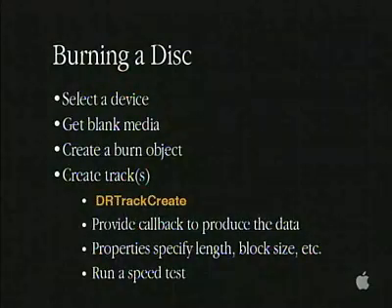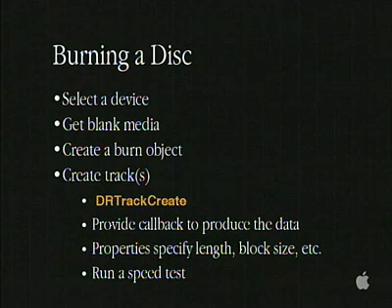So here we're going to actually call DRTrackCreate in C and provide the callback to produce the data. And it's just a callback function, and we'll call you back and say, hey, I'm getting ready to burn, open files, do whatever you're going to do. Hey, I'm burning, give me some data, give me some data. Repeat that a million times, and then we're going to say, okay, I'm done with the burn.